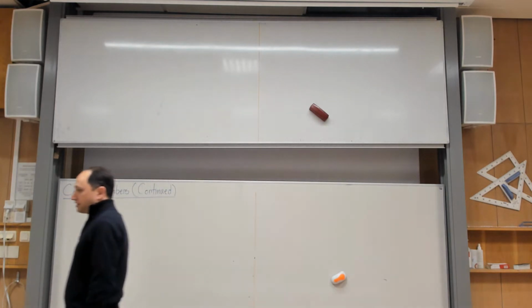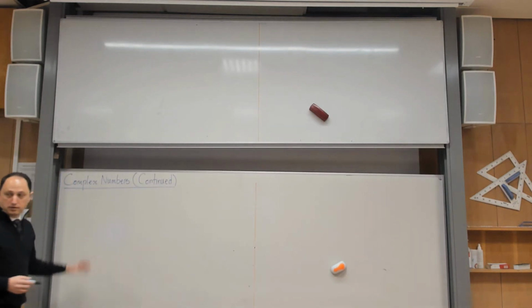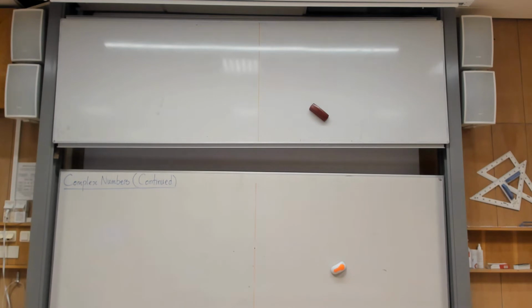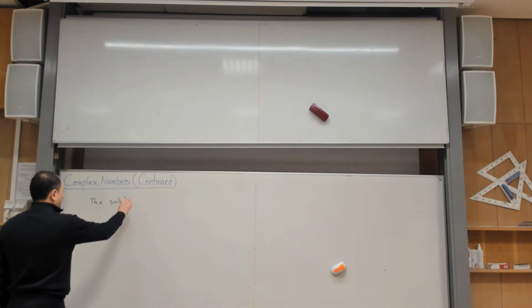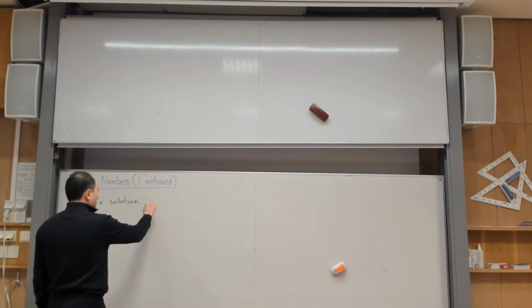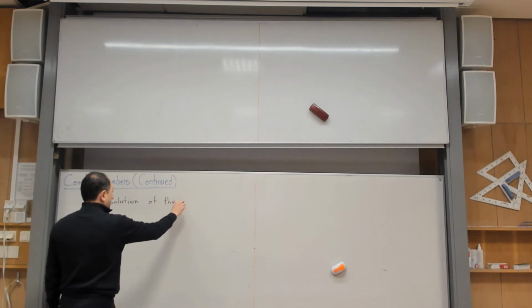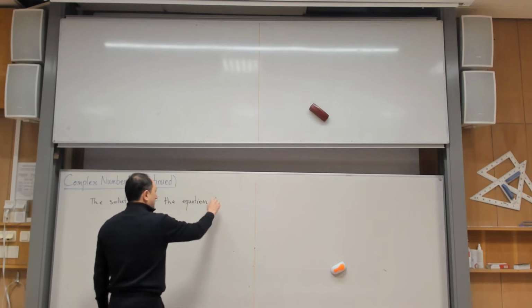So one question that I see is interesting, and I would say that's at the level, even though it's from an Indian book, you can understand it quite easily, okay? So let me write it for you. The solution of the equation: absolute value of z minus z equals 1 plus 2i.